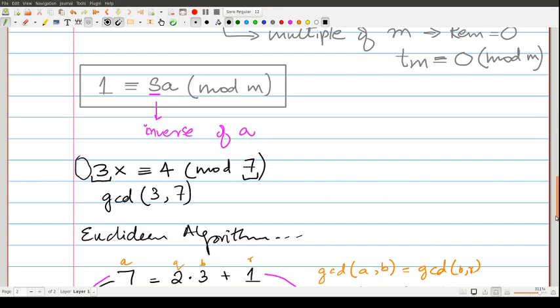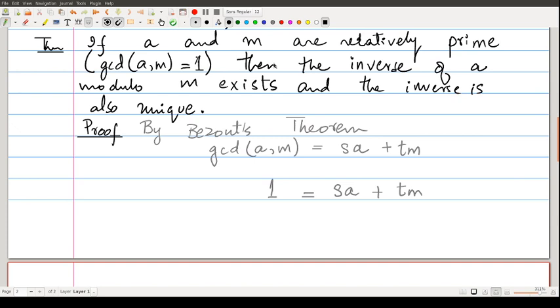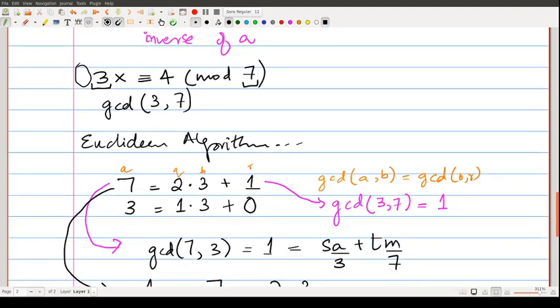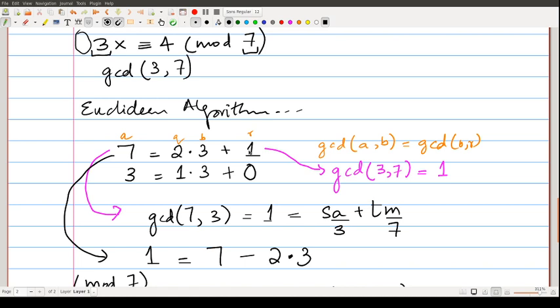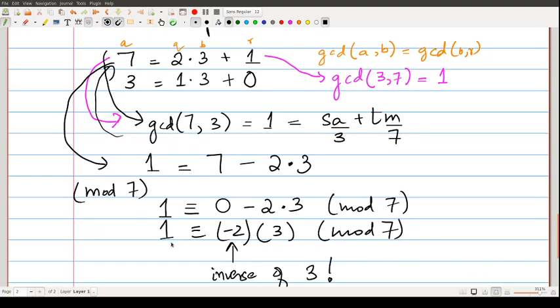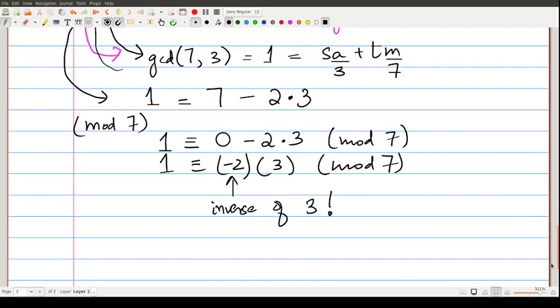The theorem tells me that if their GCD is 1, then the inverse exists. The way to find the GCD is by doing the Euclidean algorithm, just like we did in the last class. We did the Euclidean algorithm to get to the GCD, and then we reverse it to find the Bezout coefficients of 1 with respect to 3 and 7. And so at this point we found the inverse of 3.